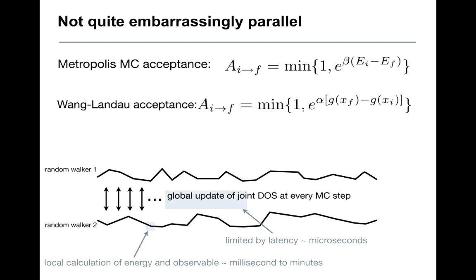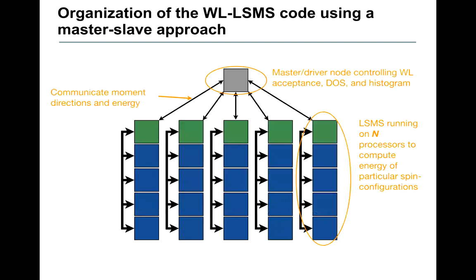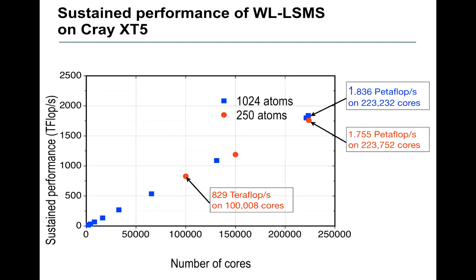But now these different walkers actually need to exchange information, and we can do this by putting multiple instances of this multiple scattering LSMS method for solving the first principles energy of the system for these constrained states onto parts of the machine, and then having one driver node that controls all these walkers, and that allows us to basically use a system of the size of Titan completely for very efficiently calculating this density of states.